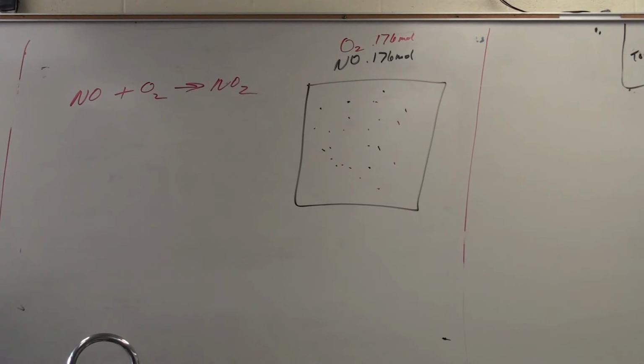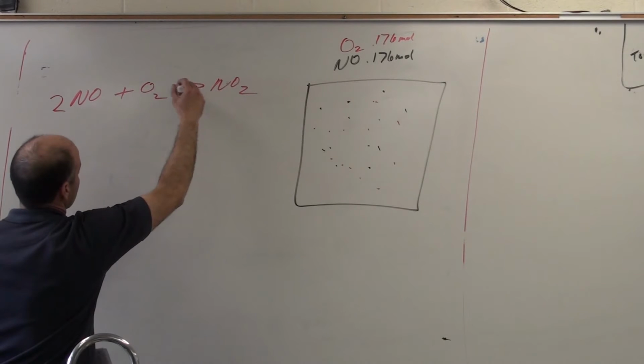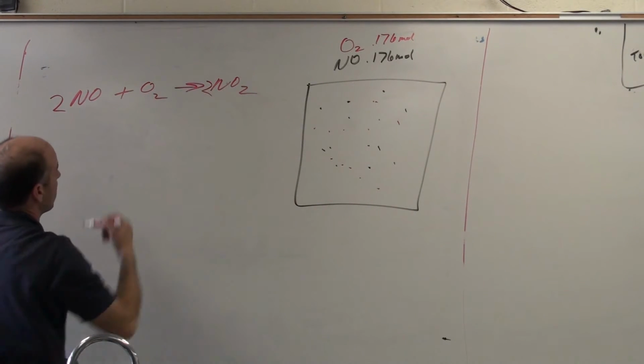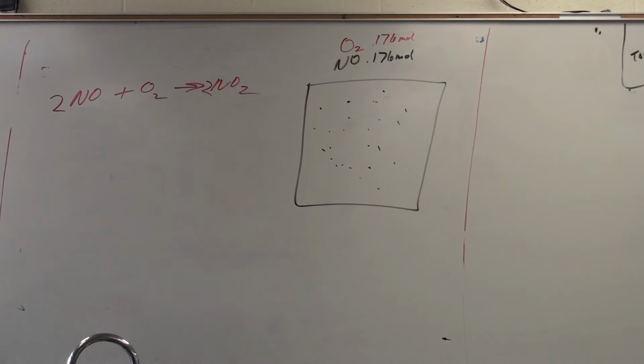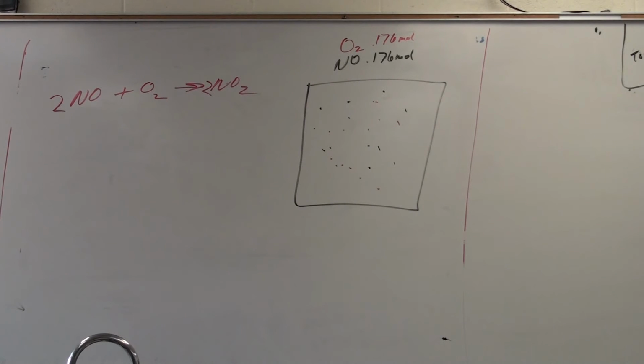To balance it off, we're going to need 2 there and 2 there, and we're balanced, right? So calculate the total pressure after the reaction is complete. So they do not give us a KP. So we have to assume that the reaction goes to completion.